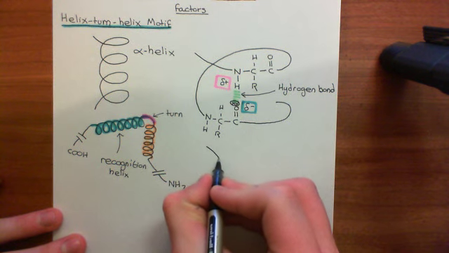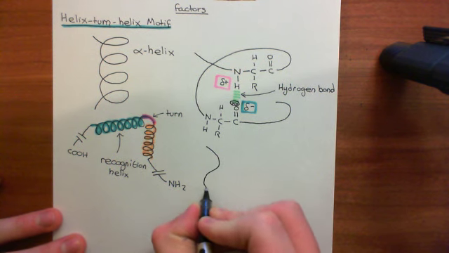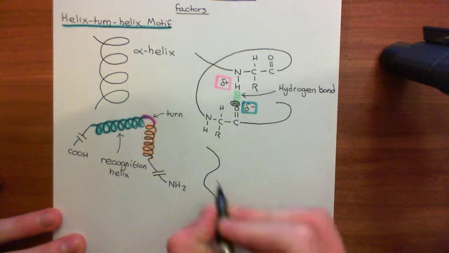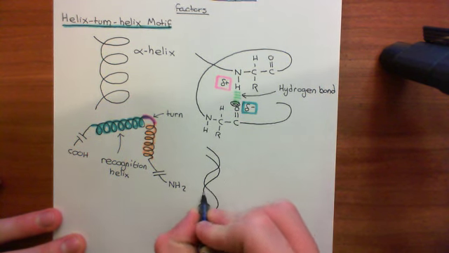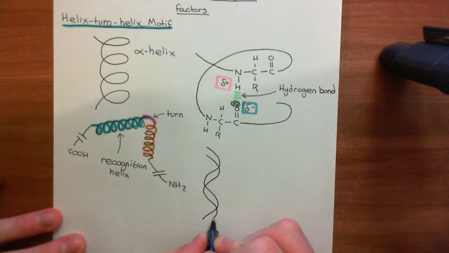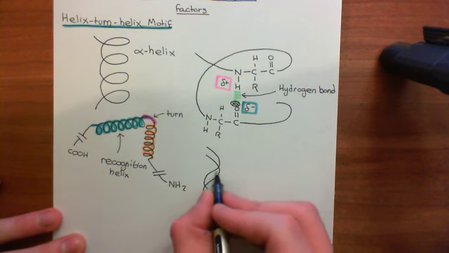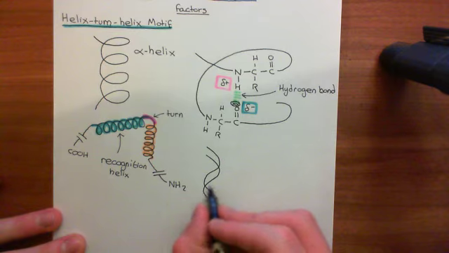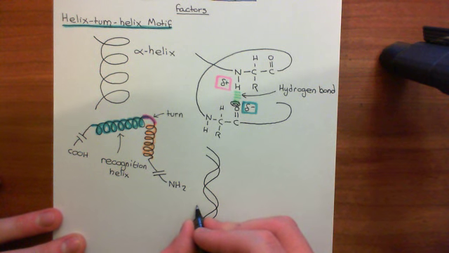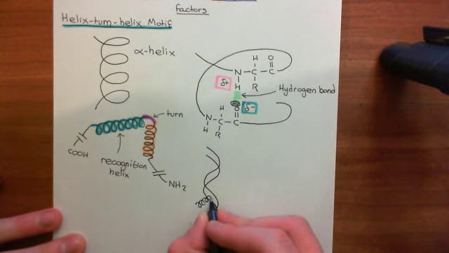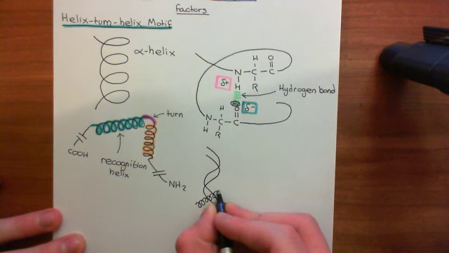Okay, so let me now show you how it's going to bind to the DNA. So let me draw my DNA here. So I'll start by drawing the first strand here, and then let's put the second strand here. Okay, so quite clearly we have the minor groove here, and then the major groove here. And of course, this recognition helix is going to bind in the major groove of the DNA. So if I draw this here, here is the recognition helix binding in the major groove of the DNA.